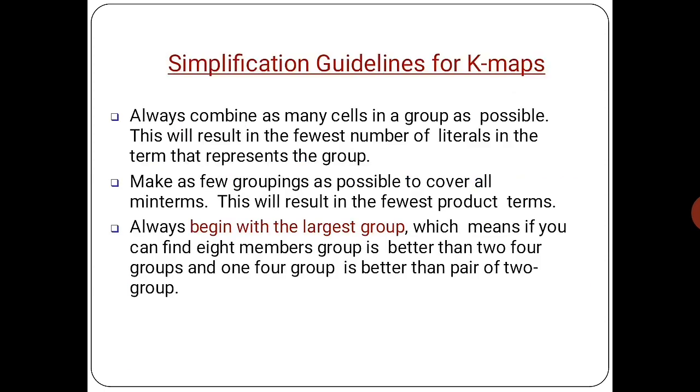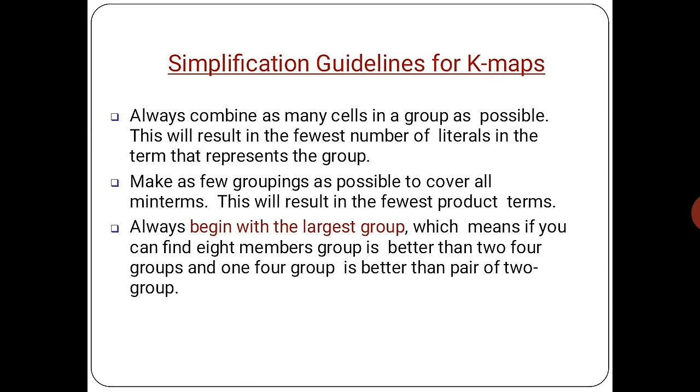Now we can see the simplification guidelines for the Karnaugh map. Always begin with the largest group. The largest group is an octet, which is 8 adjacent members. If we cannot group as an octet, we go for the next grouping, the quad, which is 4 adjacent members.